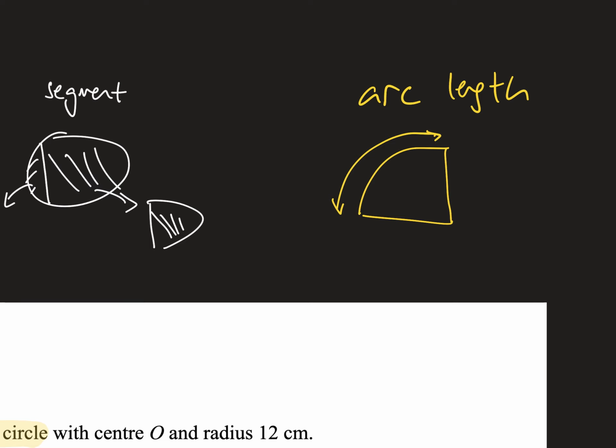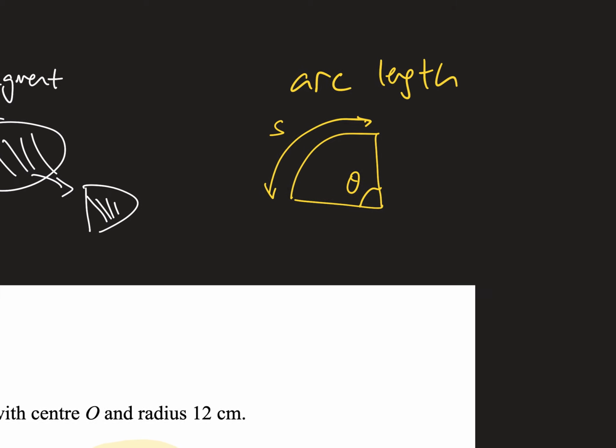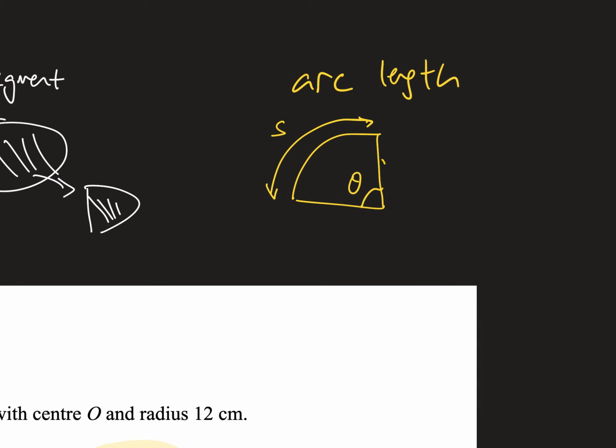You don't care about this side and this side. You only care about this side. Let's call this arc length S, and it's spanned by this angle theta. And it's of radius R. Then we can say that the arc length S equals R theta, where theta is in radians.